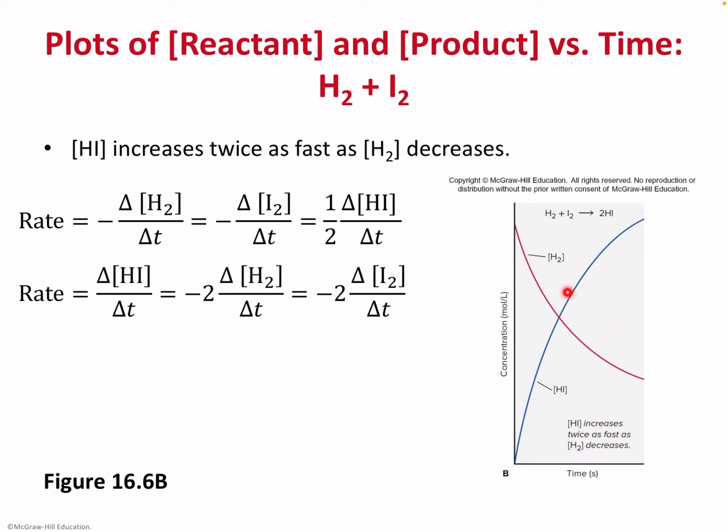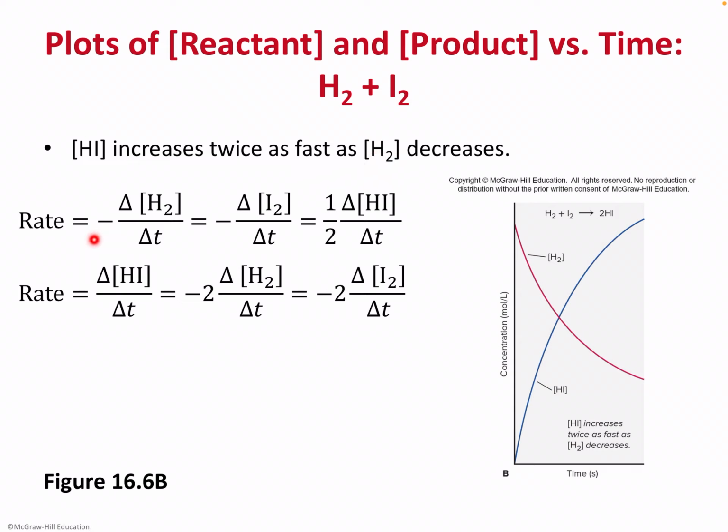Since hydrogen iodide increases twice as fast as hydrogen concentration decreases, it would be the same for the iodine as well. So this is how we're going to write the rate. Again, hydrogen and iodine are reactants. For reactants, it's always going to be negative since we are decreasing the concentration of reactant.